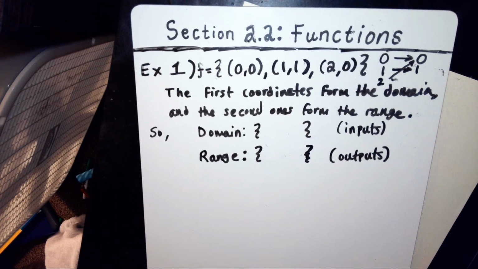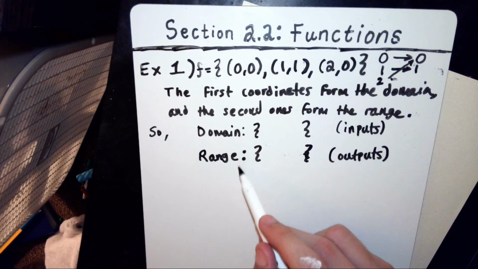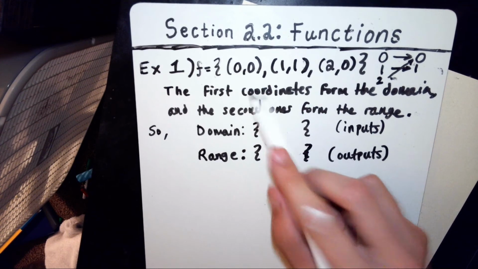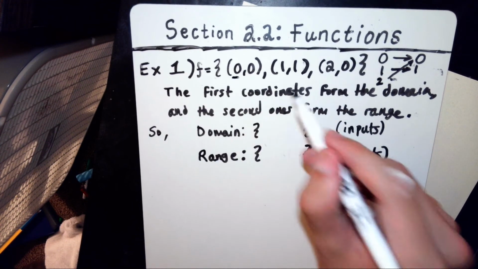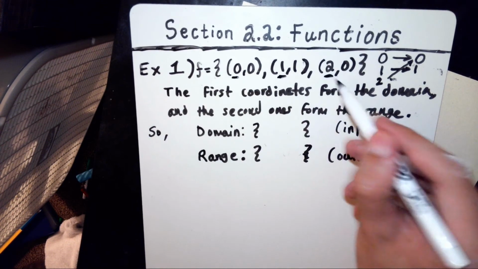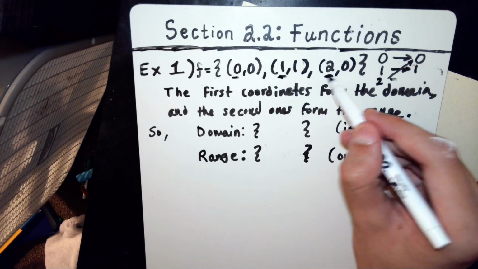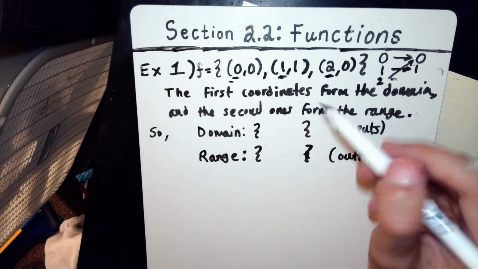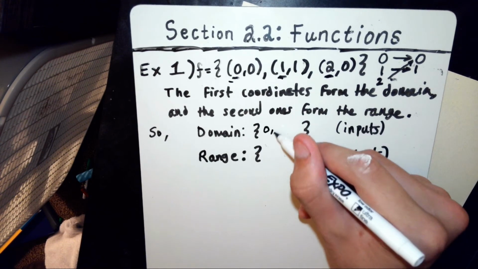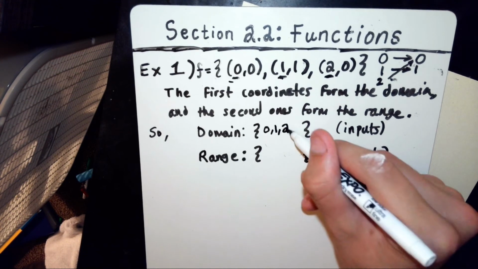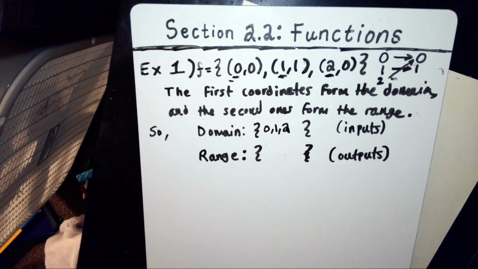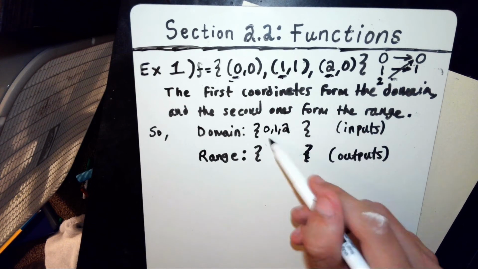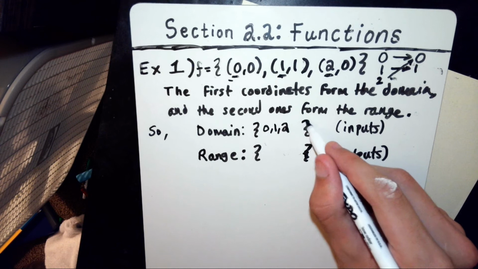Now, when we're finding the domain and the range, the first coordinates of each ordered pair, 0, 1, and 2, are the elements of the domain. We just take the first coordinates and write them all out, and we don't repeat elements.